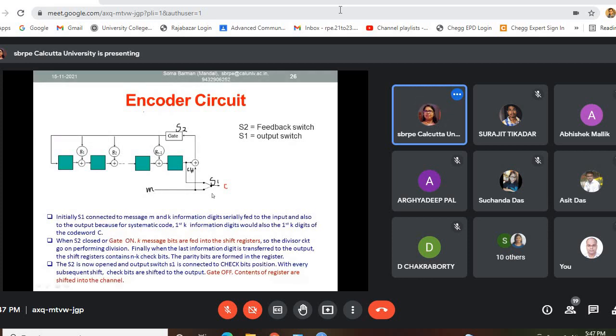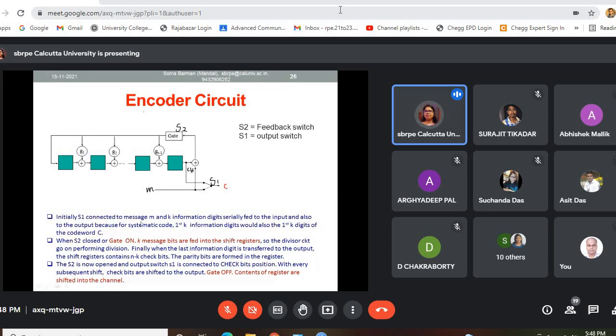Initially, switch S1 is connected to M, so this connection is open. What is happening in this circuit? By means of the S1 output switch, the information bits come out to the output of the encoder circuit.